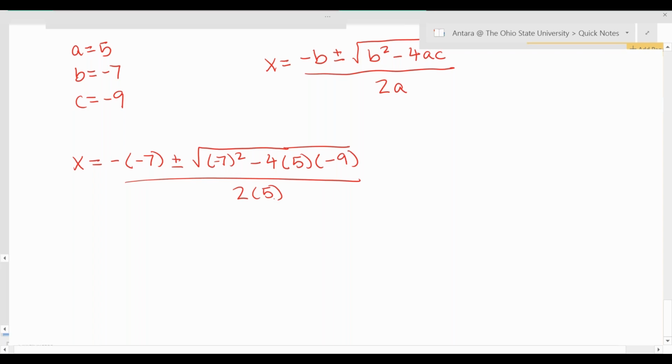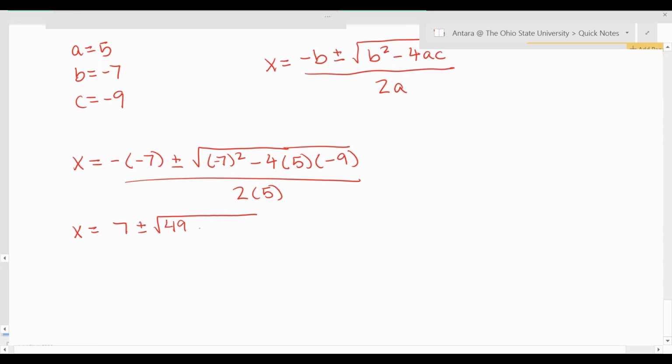Let's simplify this. Negative times negative 7 is a positive 7, plus or minus, and negative 7 squared is negative 7 times negative 7, which is 49.